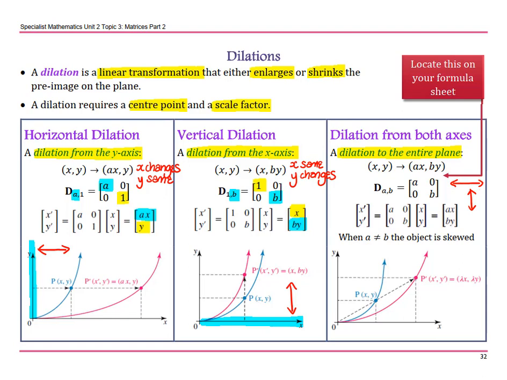So when you look at the dilation matrix, you have an A and you have a B. Your x is changing by a factor of A and your y is changing by a factor of B. Now, A and B could be the same. If A and B are the same, it's an enlargement or a reduction, so it's a similar shape. If A and B are different, then your object is going to be skewed.